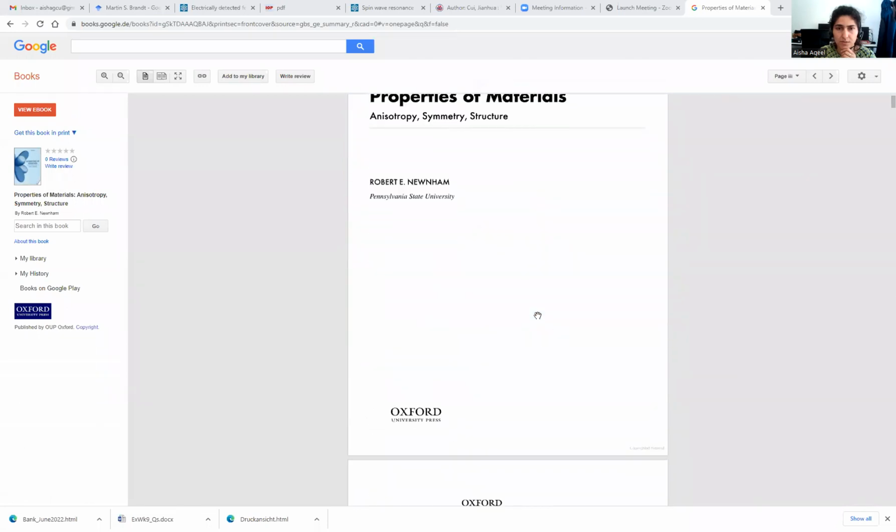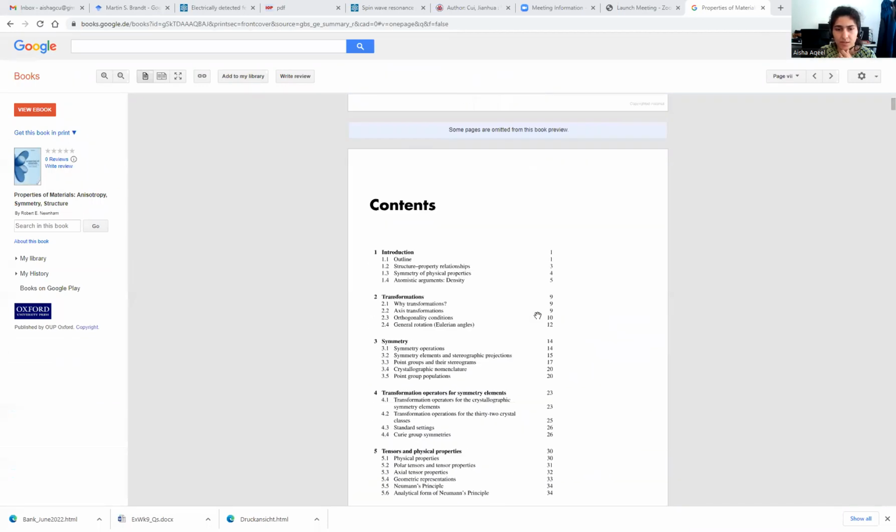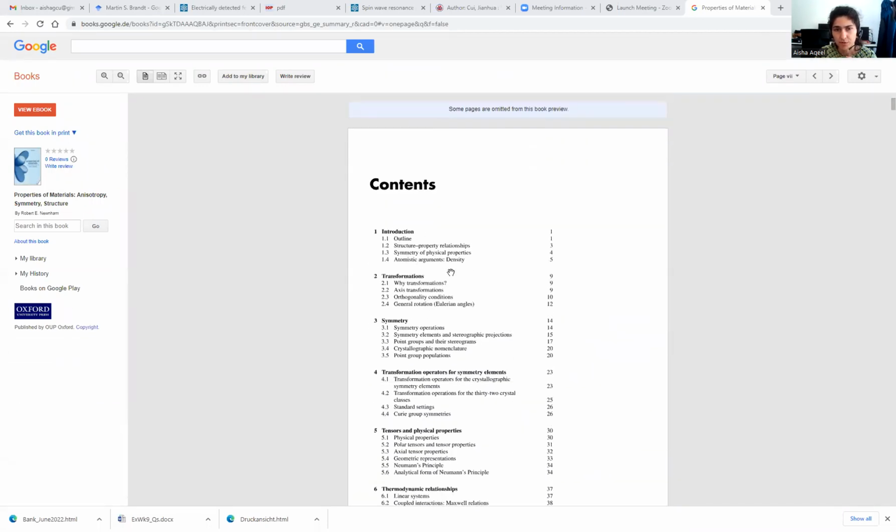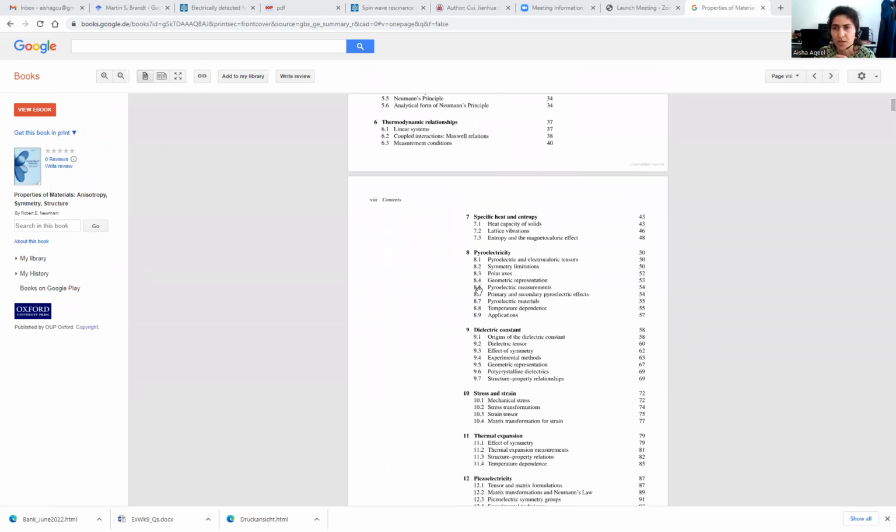And if we look at the content, it covers symmetry and tensors, tensor transformations, physical properties, its role, and pyroelectricity, dielectrics, piezoelectrics, which actually come into functional systems or smart materials.